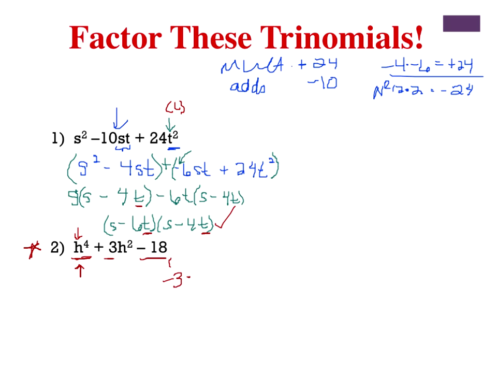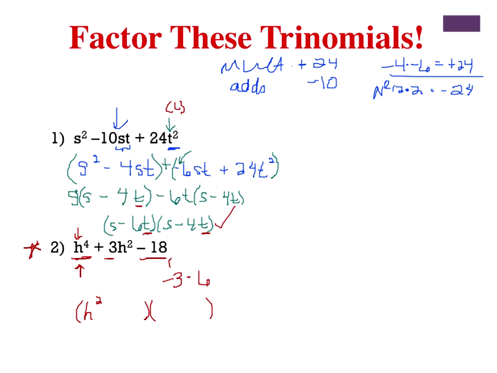Okay, good. Wendy has told me that h squared is going to multiply to h to the 4th. We're going to be looking at a negative 3 times a positive 6. I saw a lot of other people with the same idea.